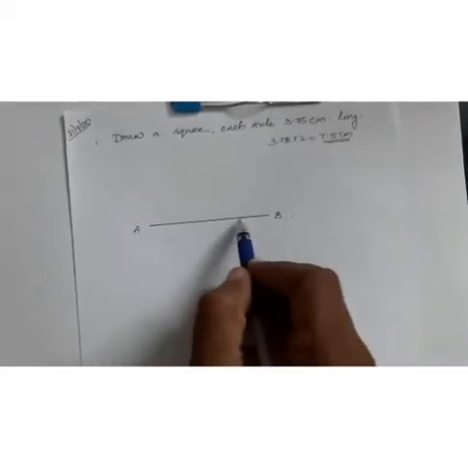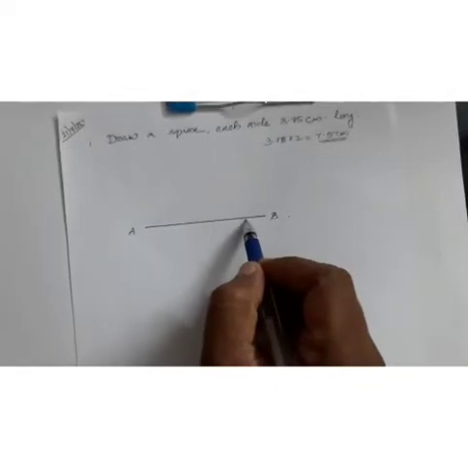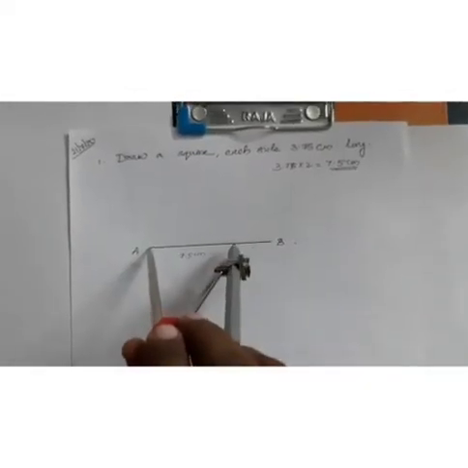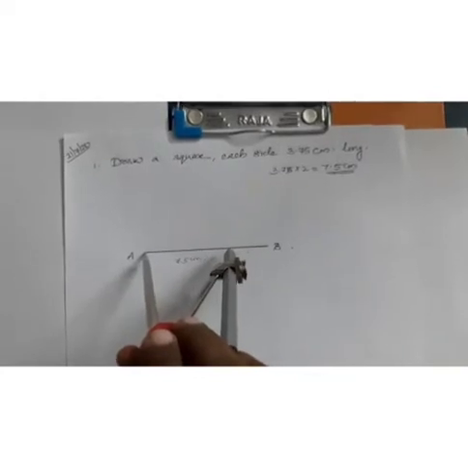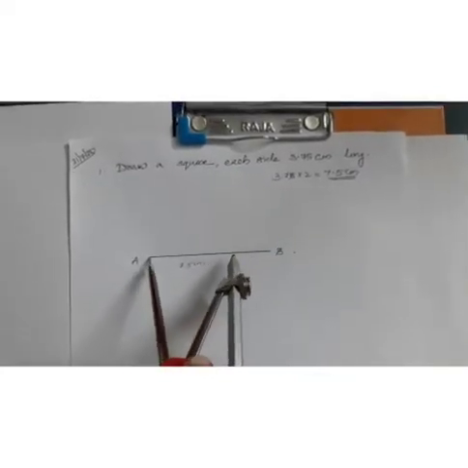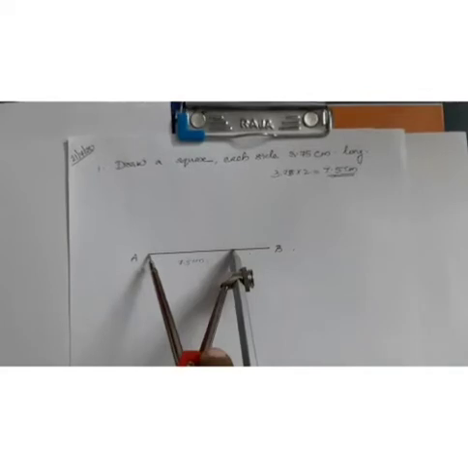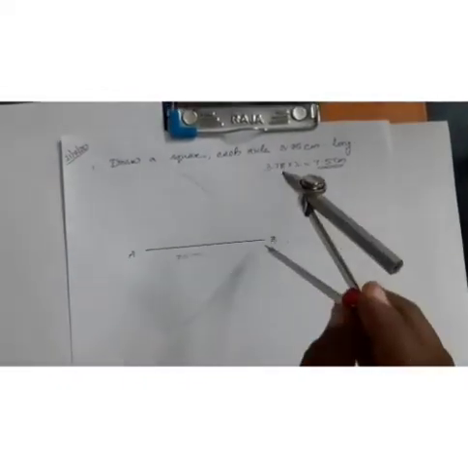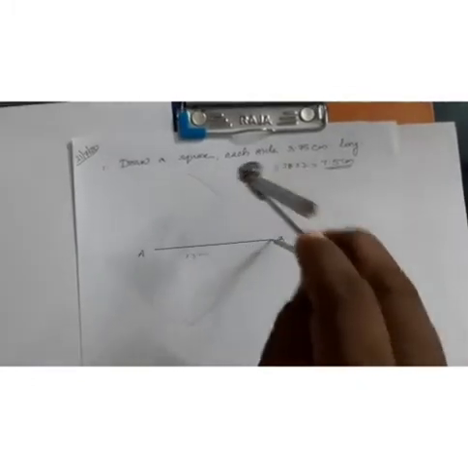Then draw the perpendicular bisector of AB. You know how to draw a perpendicular bisector. Take more than half of this line, then draw the arc on both sides. From both the ends you have to draw the arc.